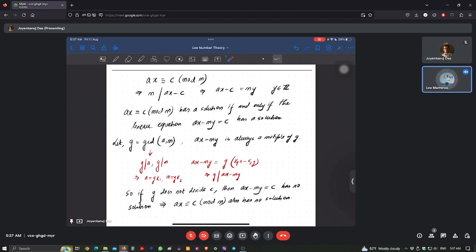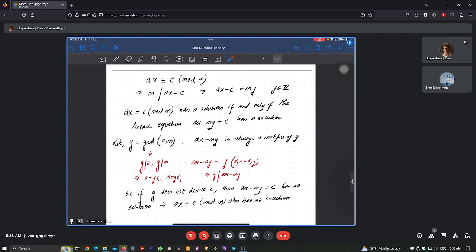But G is the GCD of a and m, and if G is not a divisor of c, then of course there is no solution. These two things are equivalent: this congruence has a solution if and only if this linear equation has a solution.